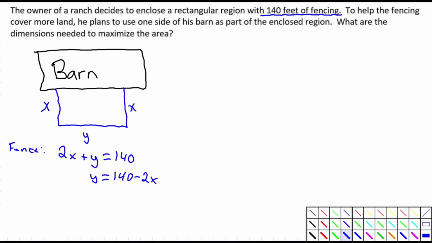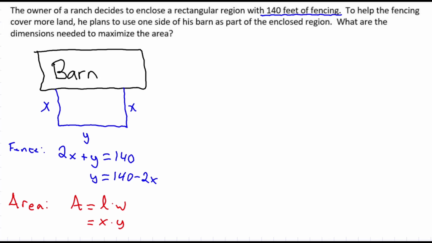All right, now, what else do we know? Well, we also know area. We know area of rectangles, so we know that the area of this rectangle will be length times width. And in this problem, our length and our width is going to be just x times y.